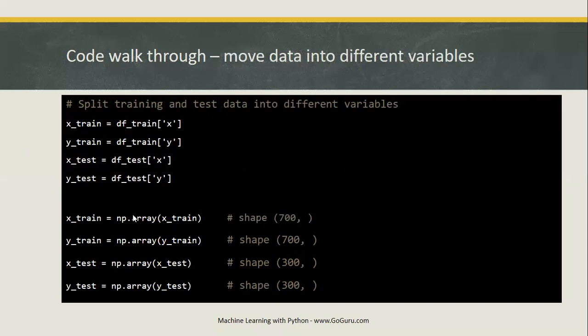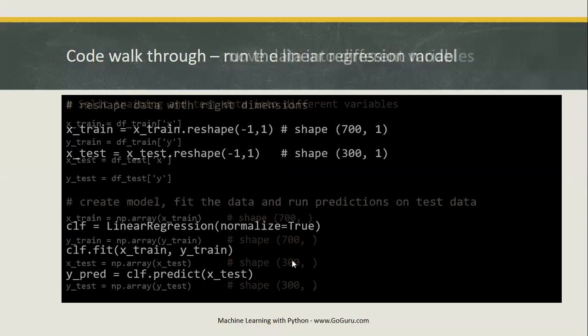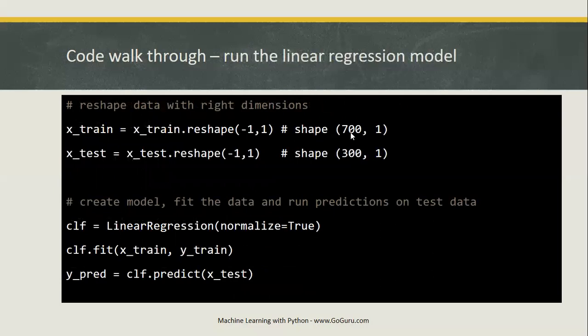Now, after doing everything, we are converting them into arrays using NumPy. When we convert them into arrays, you see these are all one dimensional, and we have these two lines of code to reshape them and convert them into two-dimensional values.